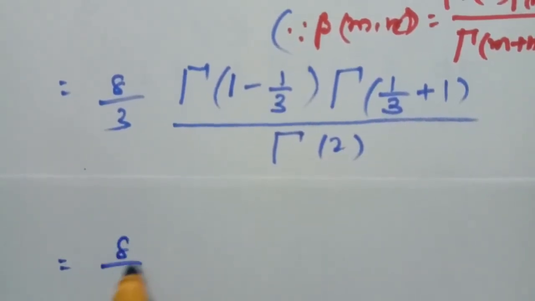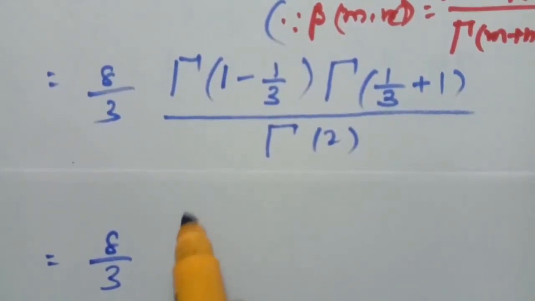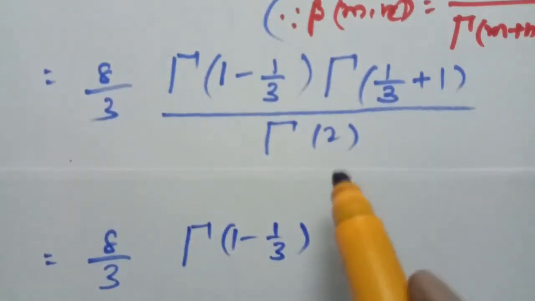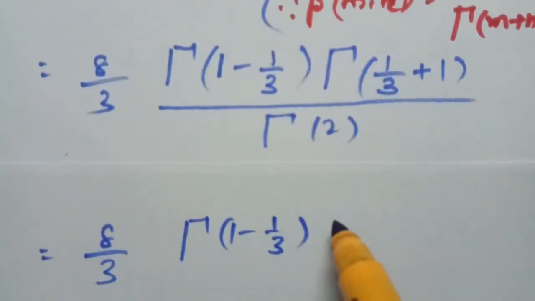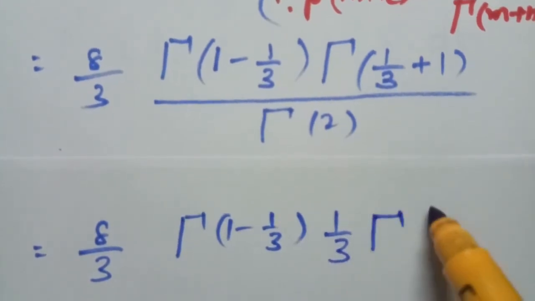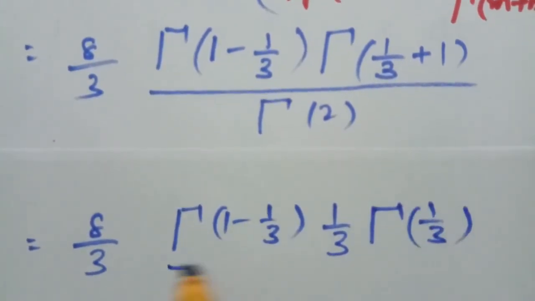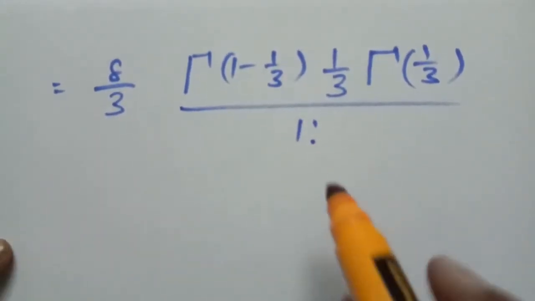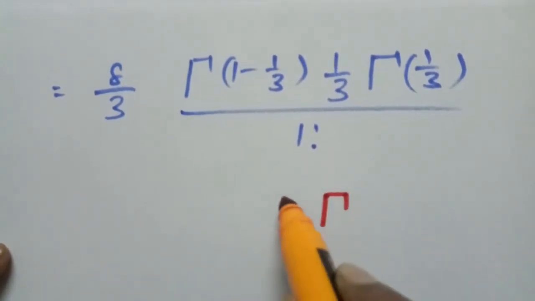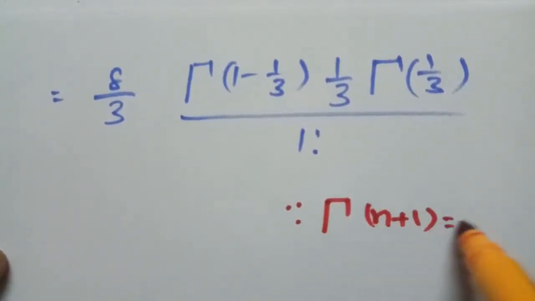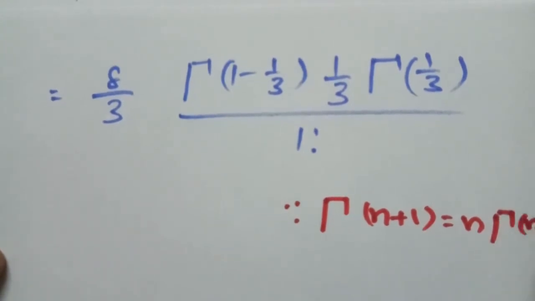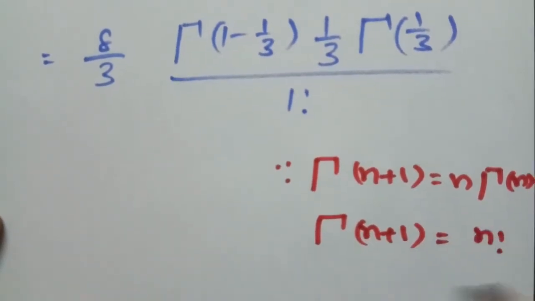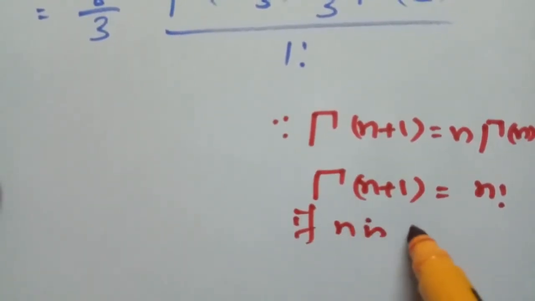This is equal to 8 by 3 into gamma of 1 minus 1 by 3 into gamma n plus 1 formula, n into gamma n, 1 by 3 into gamma 1 by 3, by gamma 2 is 1 factorial. Since we used the two formulas, gamma n plus 1 is equal to n into gamma n, the reduction formula of gamma n, and gamma n plus 1 is equal to n factorial if n is an integer.